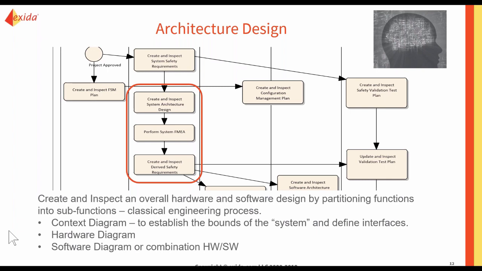Or in some companies, they have notation where they combine hardware and software into one drawing. No problem. 61508, 62443 does not care about your specific notation, but it does ask that methods be semi-formal, which basically means unambiguous notation. At least that's how many of us in the certification world interpret those requirements.